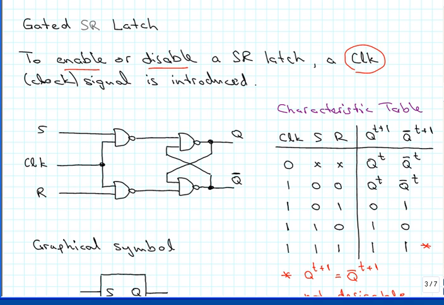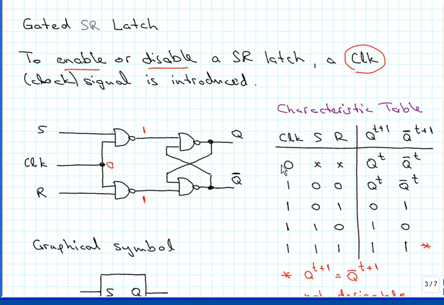Okay, so in this case, we have the characteristic table over here. So if the clock is 0, so if we have a 0 here, then clearly we will have a 1 at the output here and a 1 at the output here through those two NAND gates. And if you have a 1 in both of those places, we just simply keep the state in which the latch is currently sitting.